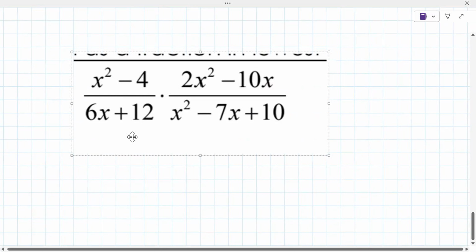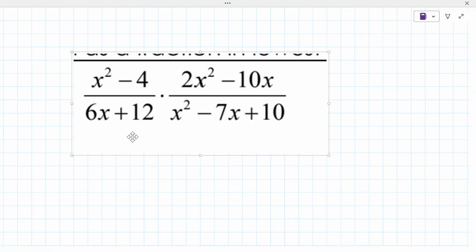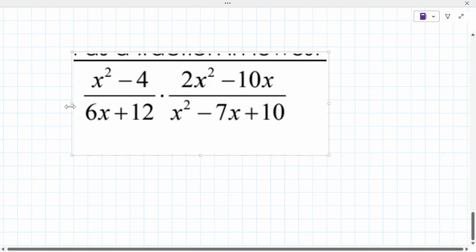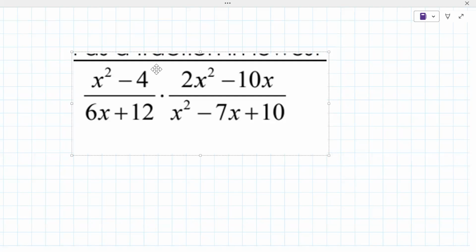Let me know if you have any questions about factoring. Wait, so you want me to just factor it right now or solve it? Yeah, you can go all the way. There's not really much for me to do as far as giving you any guidance. You already know what to do.